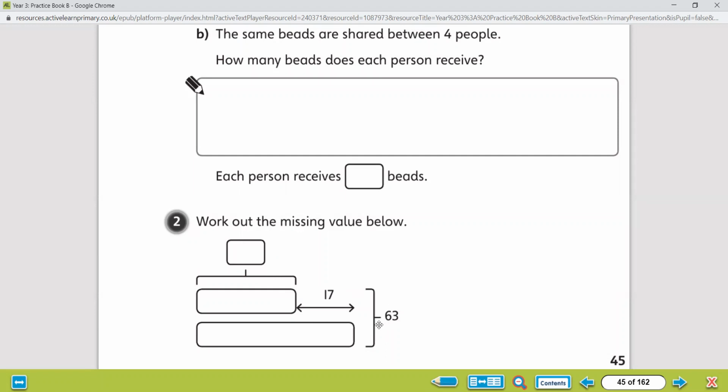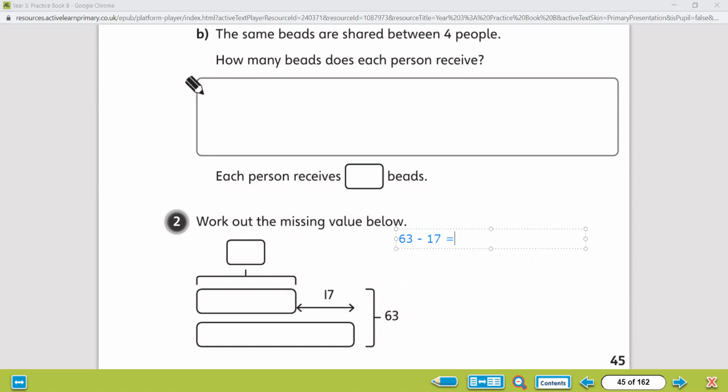So I've got to work out what 2 of those equal. And the way I do that is to work out what 63 take away 17 is.